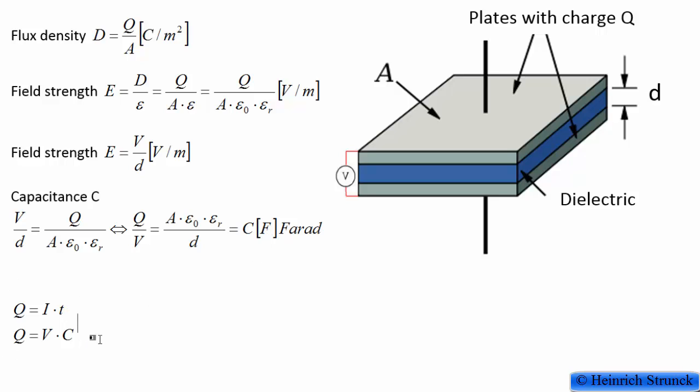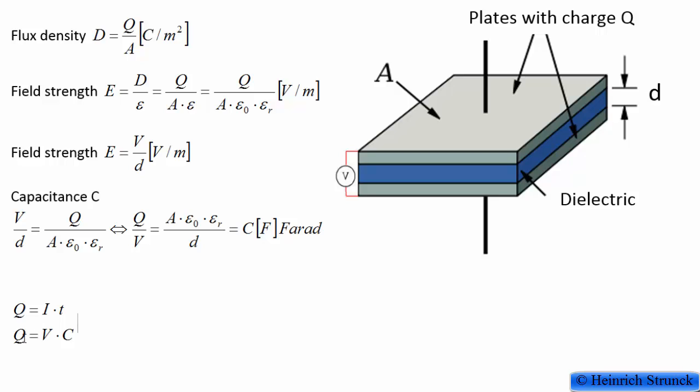Finally, we can see that the charge of a capacitor is the current multiplied by time. We also know that from Coulomb's law, because the charge is amp seconds or coulomb. So the unit for charge is coulomb, but it is the same as amp seconds.